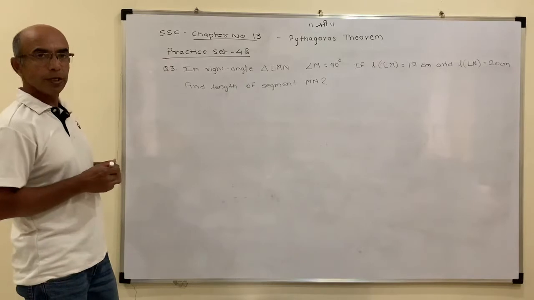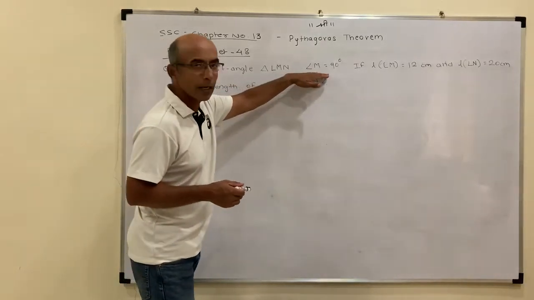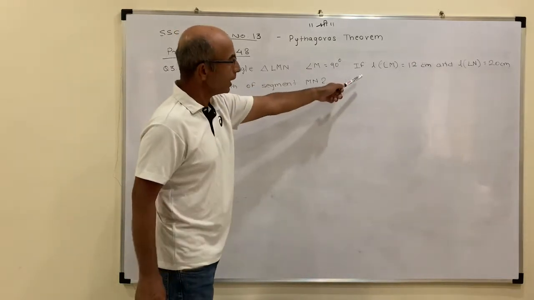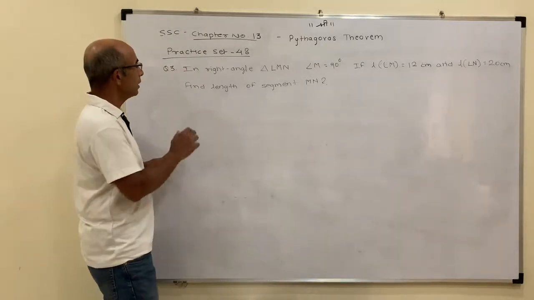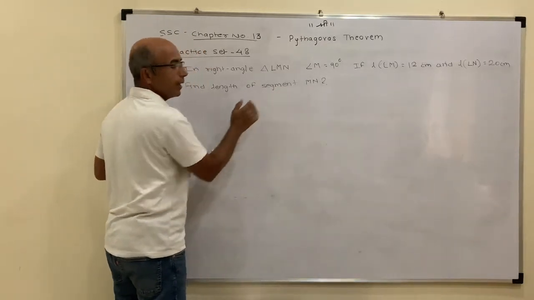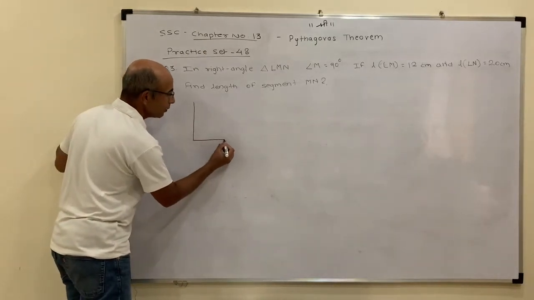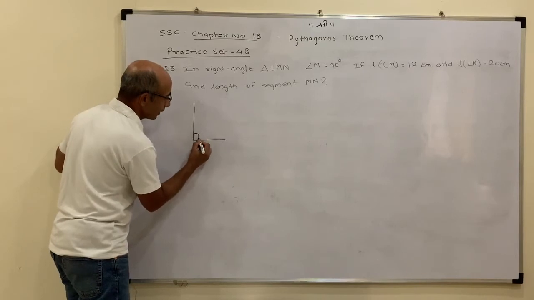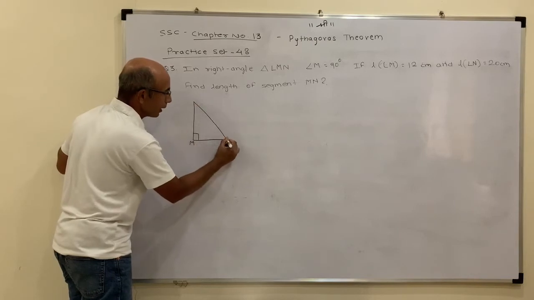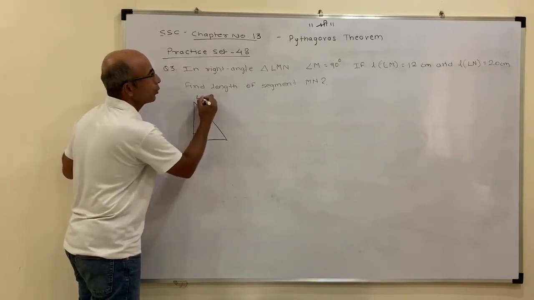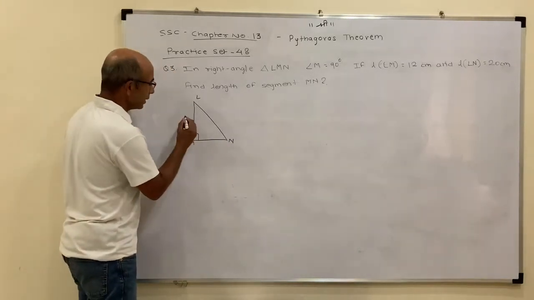So question number 3. In right angle triangle LMN, angle M is 90 degrees, length LM is 12 centimeter, length LN is 20 centimeter, and we need to find the length of segment MN. So first let's sketch the triangle. So this is my triangle. Here the right angle is at M. So here M, here I put L, and here I put N. So length LM is 12 centimeter.